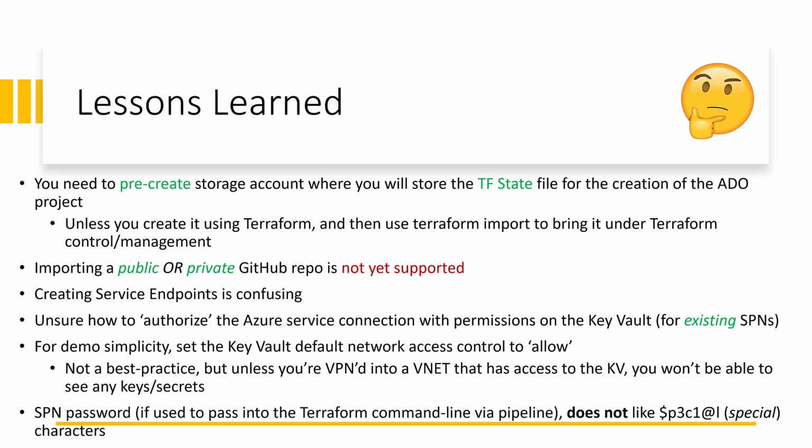In a real world perspective, most of the time with customers I've worked with, it's easier just to simply create the storage account manually. It's the one object you're going to create manually. So now you have a universal state location for all your execution and then execute against that.